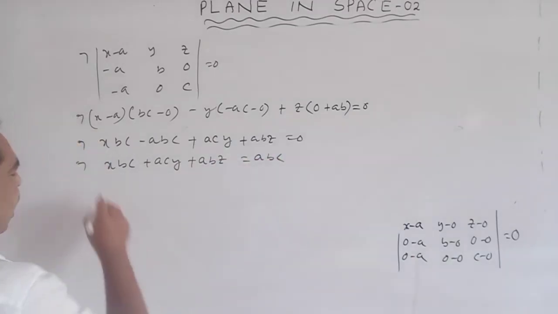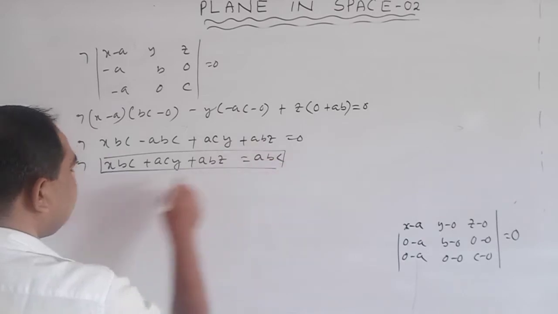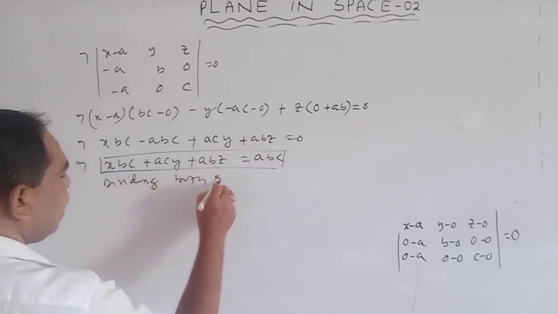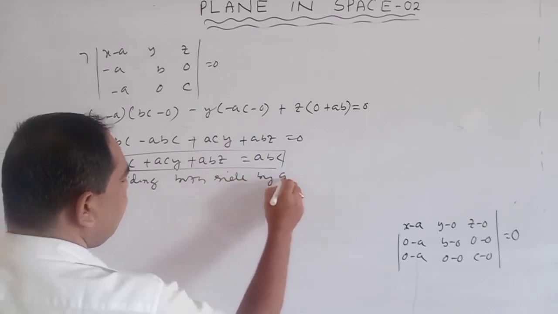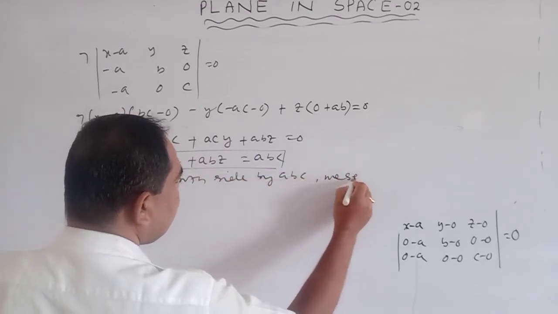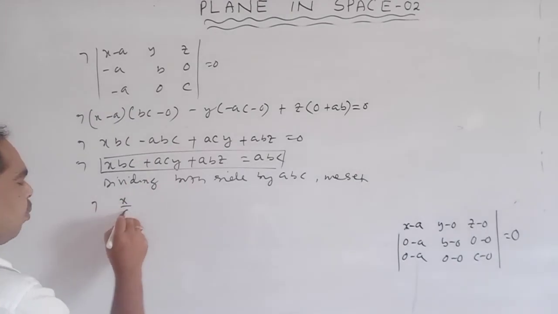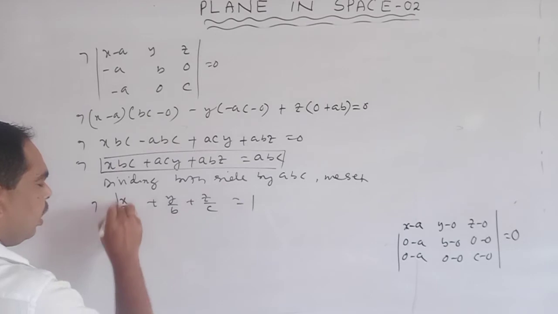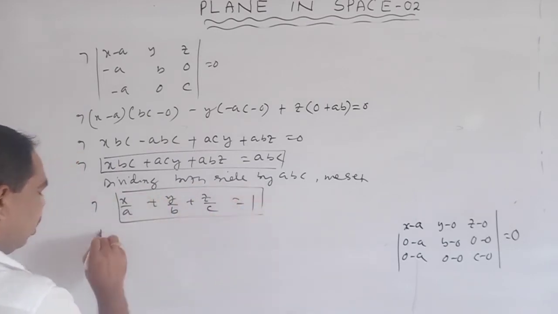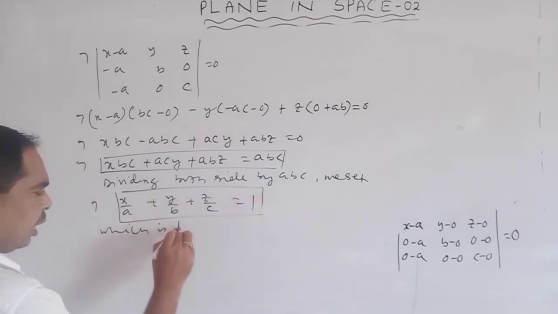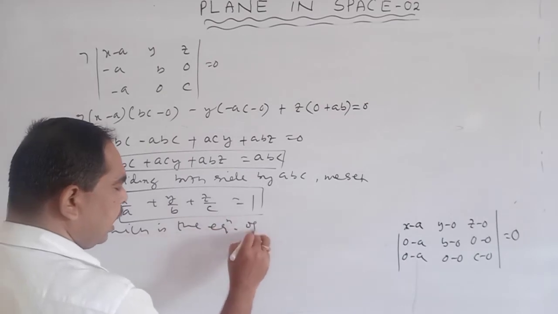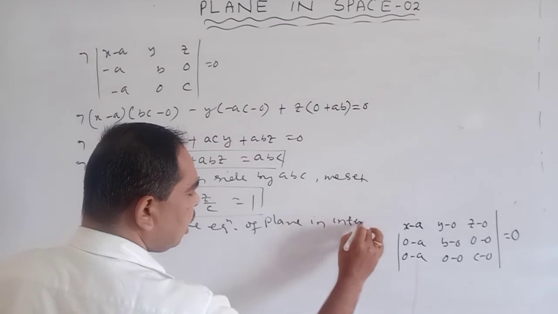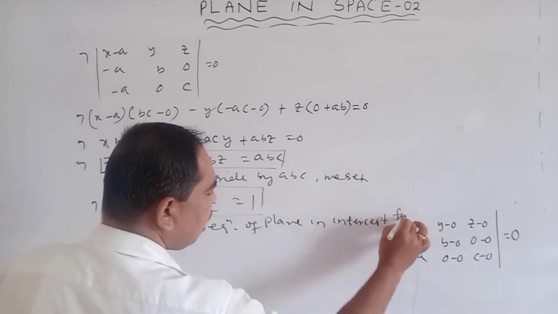Okay, so dividing both sides by abc, we get x by a plus y by b plus z by c is equal to 1, which is the equation of the plane in intercept form.